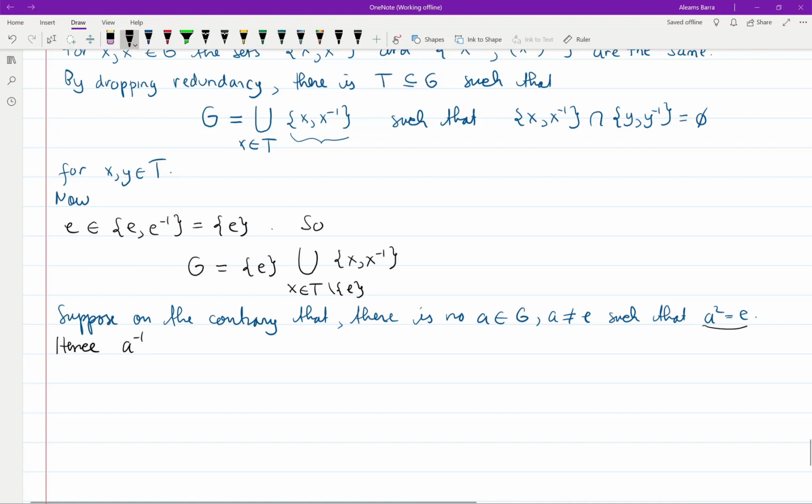So it means that there is no A such that A inverse equals A. Hence A inverse is not equal to A for all A not equal to E. Thus the cardinality of {X, X inverse} is equal to 2 for all X not equal to the identity.